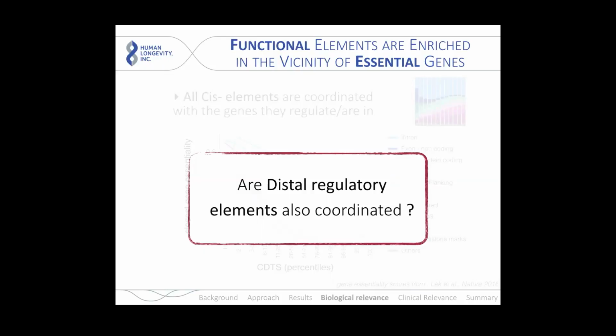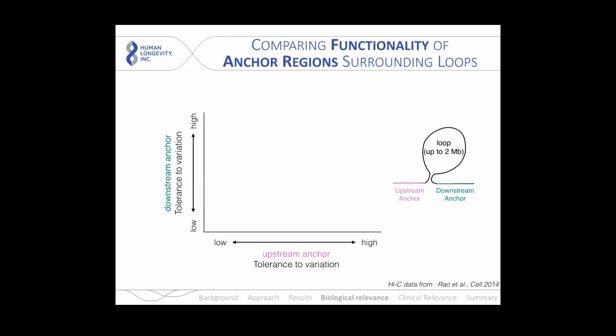Now that we have seen that cis elements seem to be coordinated with the gene that they might be regulating, or at least that is in their vicinity, is it also the case for distal regulatory elements? To look at that, we used Hi-C data, and we looked at distal regions that are brought together by chromatin looping.